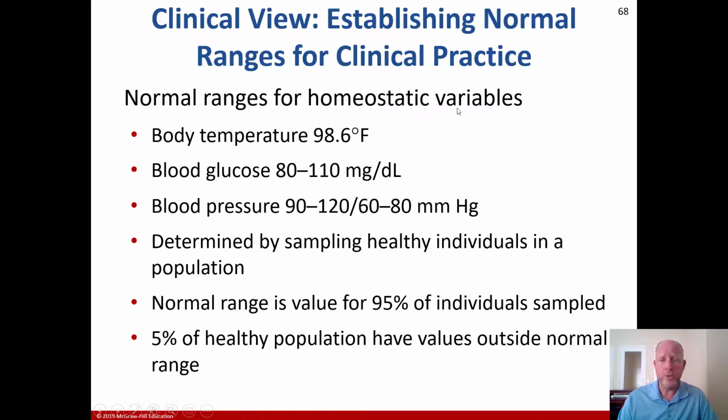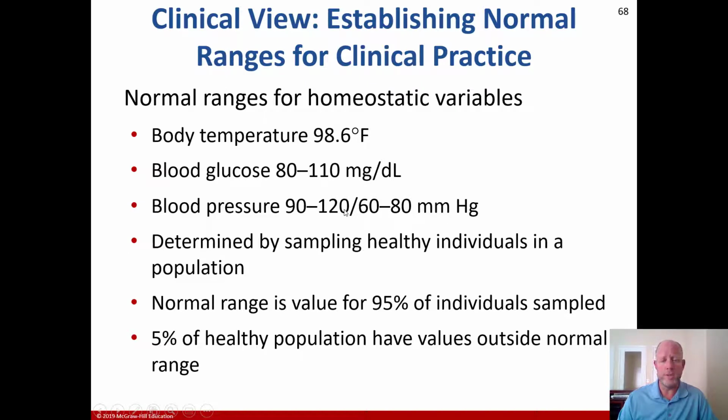And typical variables that are mostly consistent with most humans: body temperature around 98.6 degrees Fahrenheit, with some variance there. You can see here blood glucose is not an exact number, between 80 to 110 milligrams per deciliter. Blood pressure, the systolic being anywhere between 90 to 120 millimeters mercury, and the diastolic being typically 60 to 80.